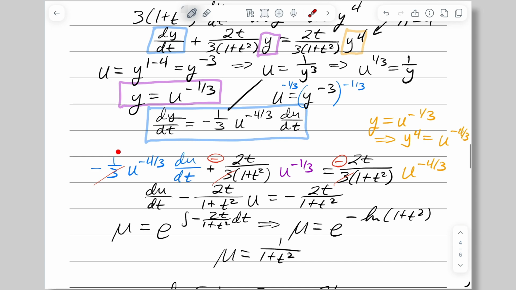And then we can see we can clear the fractions by multiplying everything by a negative 3. That clears the 1/3 in the first term. It changes the sign on both of the other terms. And then finally multiplying through by u to the negative 4/3 so that the coefficient of du/dt is 1 is going to give us du/dt minus 2t over 1 plus t squared u is equal to negative 2t over 1 plus t squared.